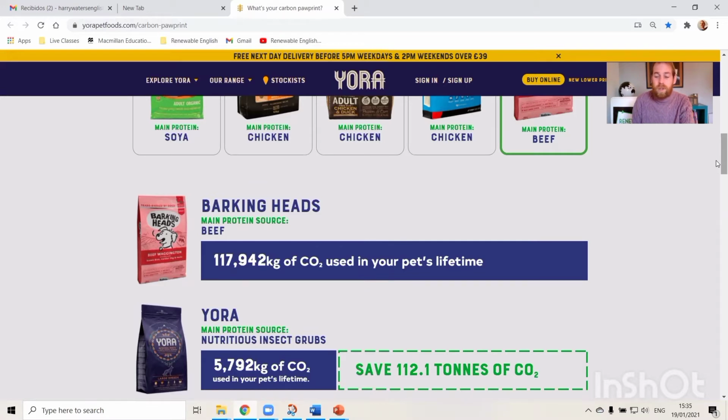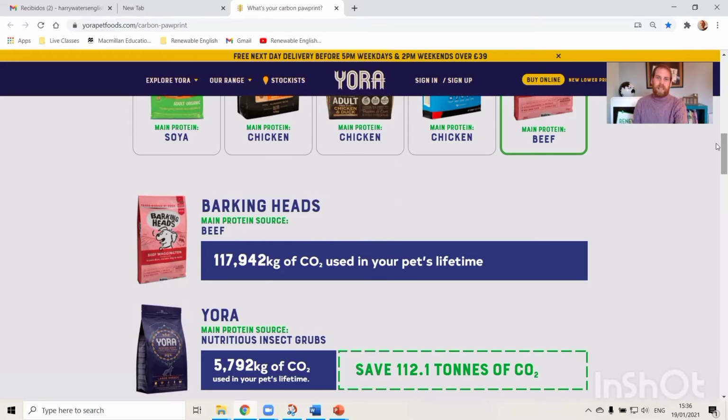So quite a huge difference there. We'd only be using 5,000 kilograms. So that's a saving of 112,000 kilograms.